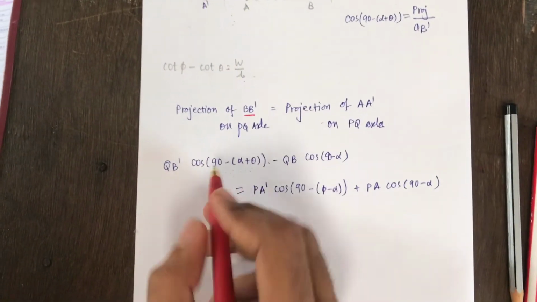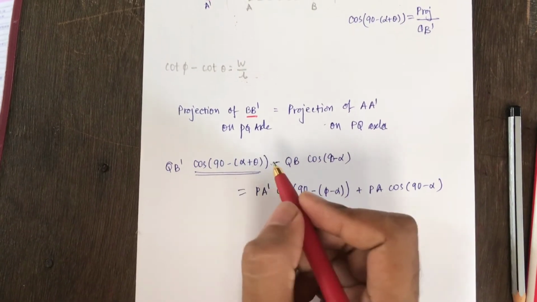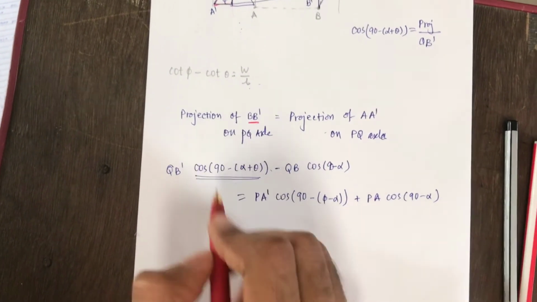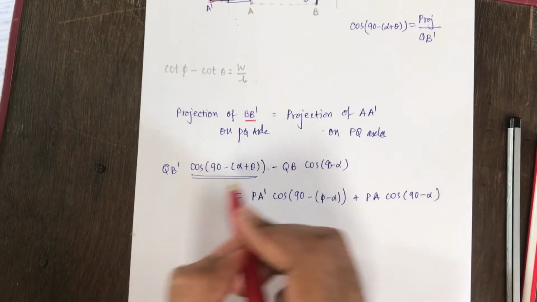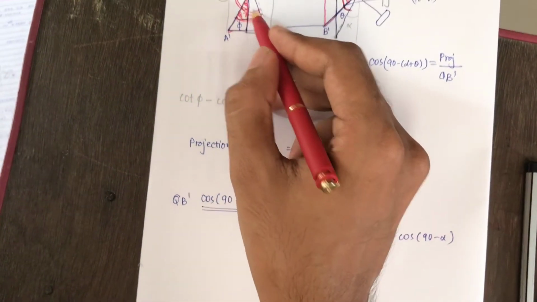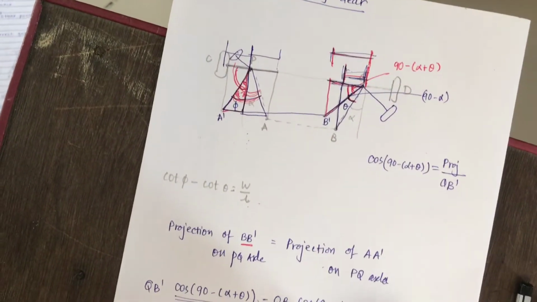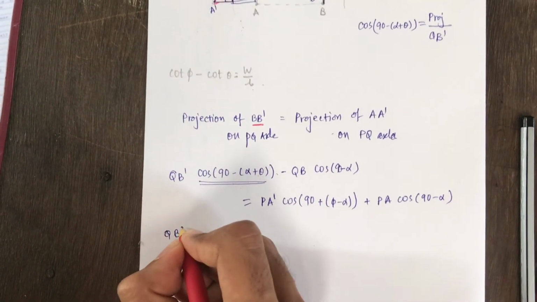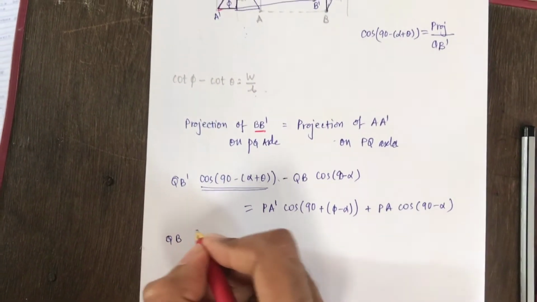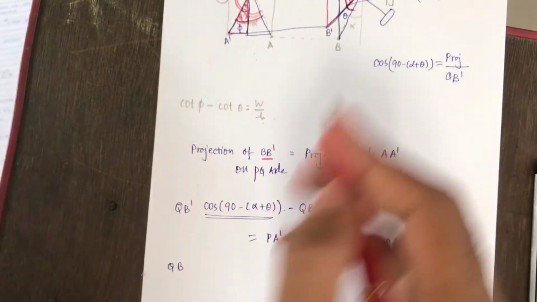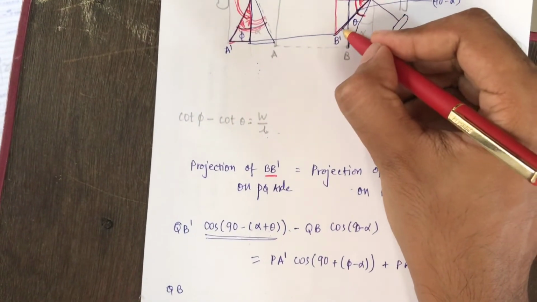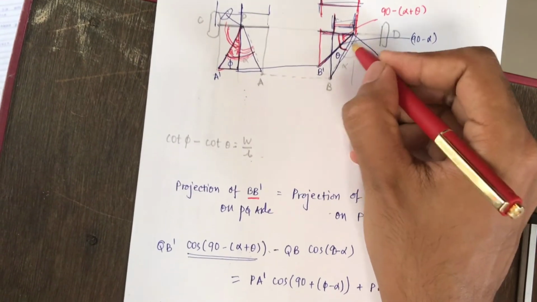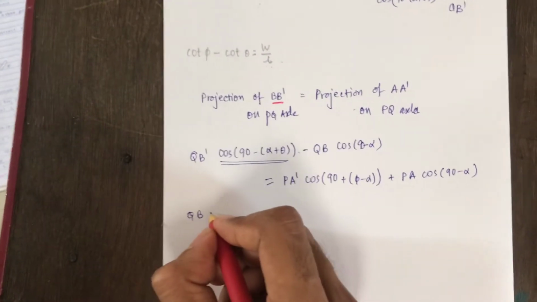While we expand this, cos of 90 minus will be sine. So QB dash and QB are both the same because it is a rigid link.